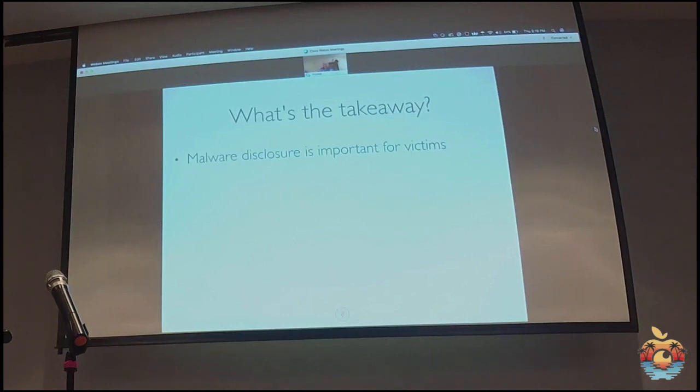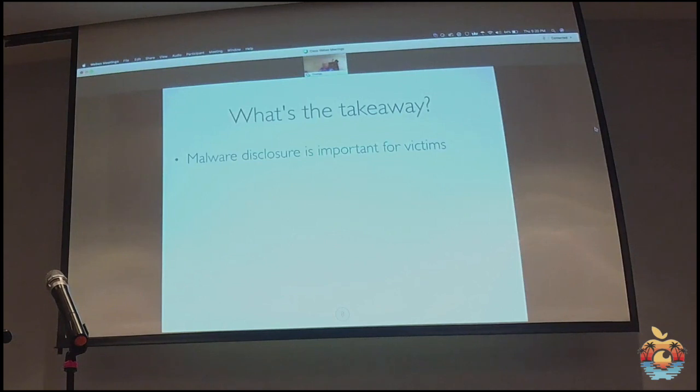So, when we posted our blog post, we had IOCs that could help businesses find the malware. We published hashes that antivirus vendors could use to download that malware and create detection.